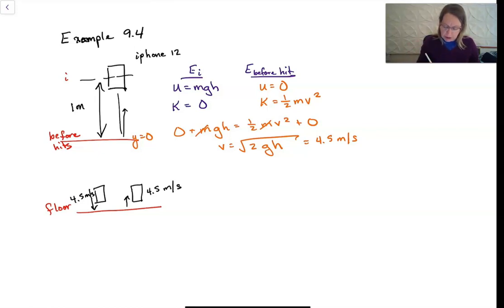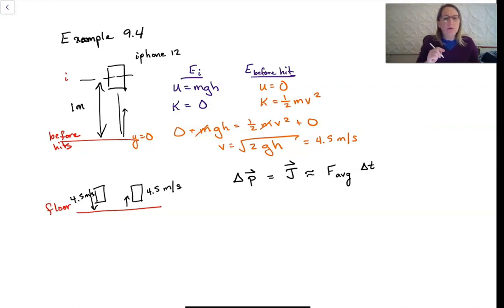So what I want to now know is the change in momentum, which would give me then the impulse, and that's going to be equal to basically our average force, because we don't know how it's going to change over the time of the collision. Okay, so our change in momentum, this is a little tricky.